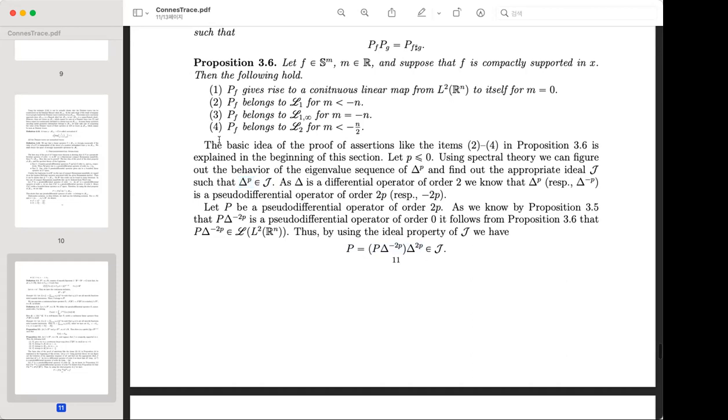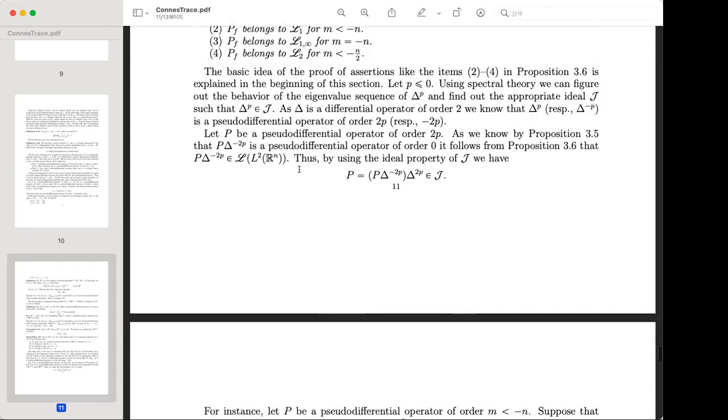So in order to prove this kind of result for the general pseudo-differential operator, to start working on Connes' trace theorem, it is important to get one basic model, the building block operator, whose certain power belongs to the desired ideal.